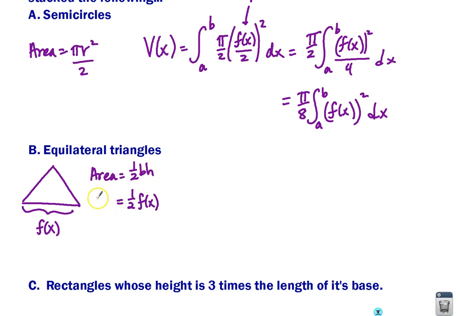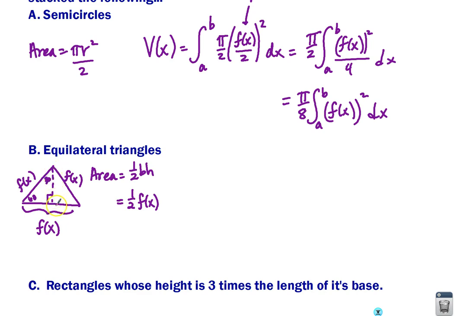But now I need to figure out, what is my height? This is where your geometry and pre-calc knowledge comes back into play from equilateral triangles. We have a 30, 60, 90 special right triangle. So this is 60 degrees, 30 degrees, 90 degrees. If this is f of x, this is f of x, that's f of x, that's very well and good, but I need the height.